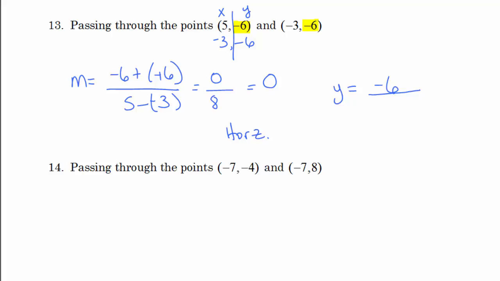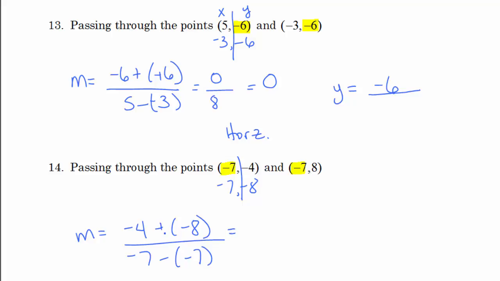Look at number 14. What's the same here? The x's. Do you remember about the x's? Well, let's pretend you don't remember. And I put them underneath each other and I try to find the slope. Let's see, I would get 4 on top of 0. 0 in the denominator cannot do.